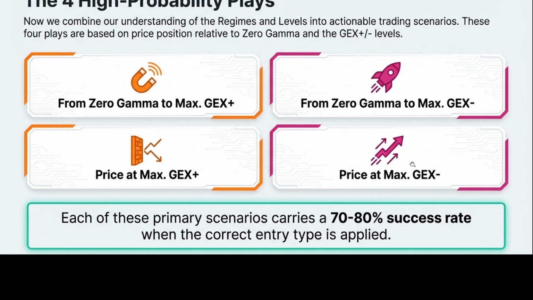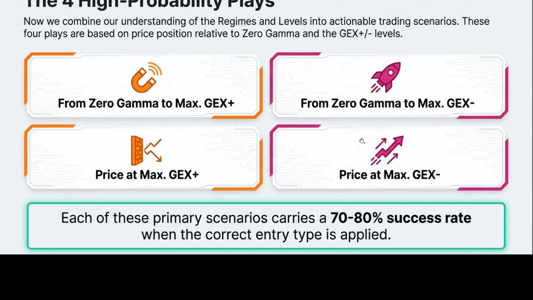Why? You can do a little research on the internet about how to use the max GEX level as a wall, and some traders say that it is a good zone to take a reversal strategy, but I think this is very risky.